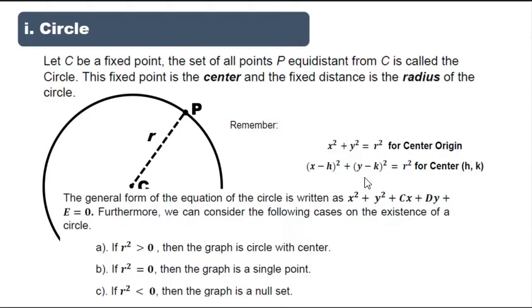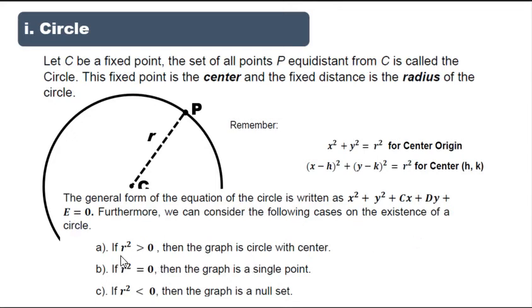So remember, these two forms are called the standard form of the circle, also called the center-radius form. While this form, x squared plus y squared plus cx plus dy plus e is equal to 0, is called the general form. Furthermore, we can consider the following cases on the existence of a circle.